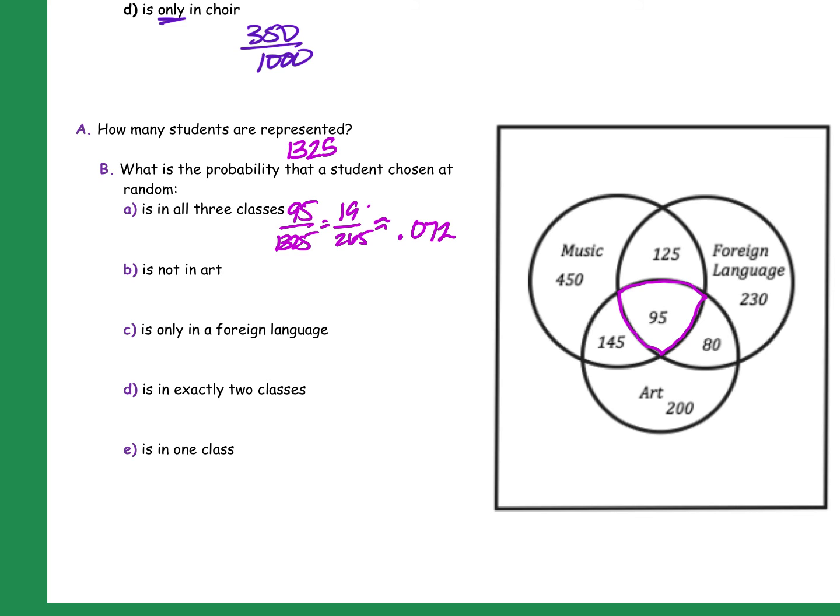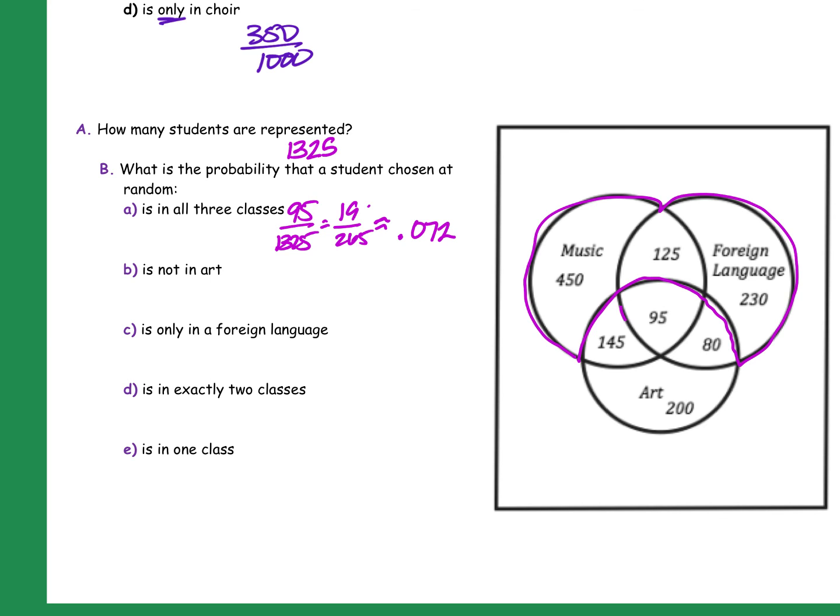Okay, how many students are not in art? So not in art, I'm going to erase this. Not in art means this. Here's art, right? So not in art means all of these students here. I just add the ones inside that together.